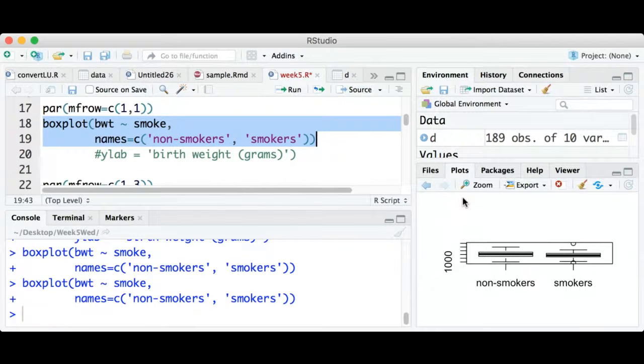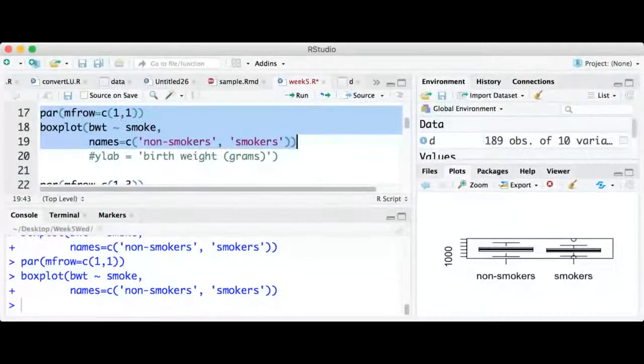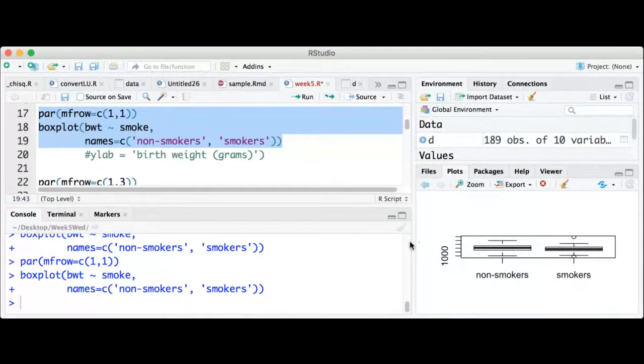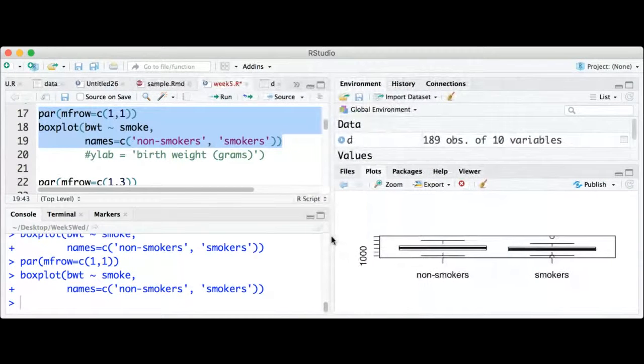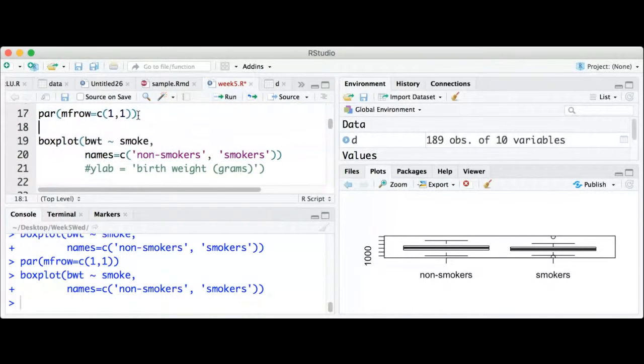Okay. Why is that? Maybe I need to fiddle around with the margins. It was fine when I did it before, but because I've resized all my screen and everything, okay, let me do this.